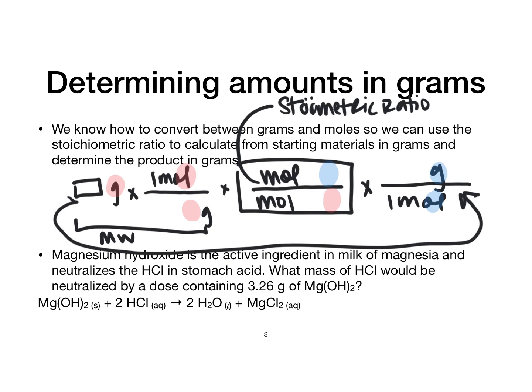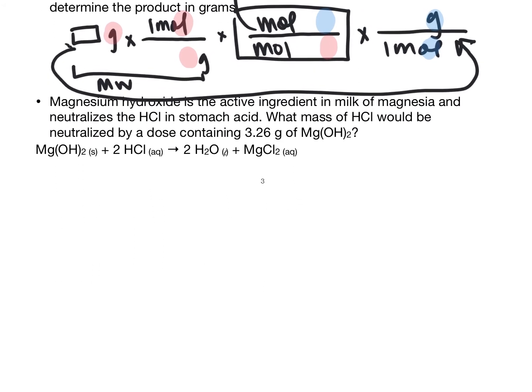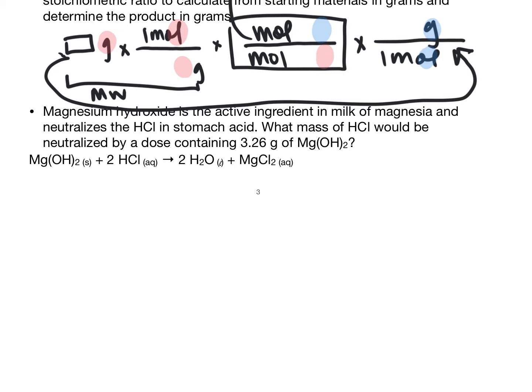So let's look at a specific example. I'm going to scroll this up, and I'm going to take the eraser and erase this, and I will re-add the words molecular weight since they got erased. So in this example, magnesium hydroxide is the active ingredient in milk of magnesia, and it neutralizes hydrochloric acid, the hydrochloric acid in stomach acid.